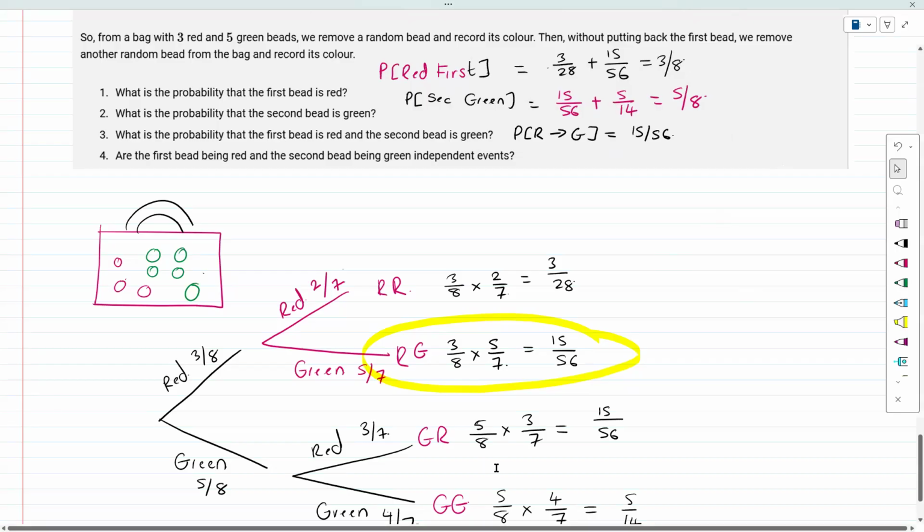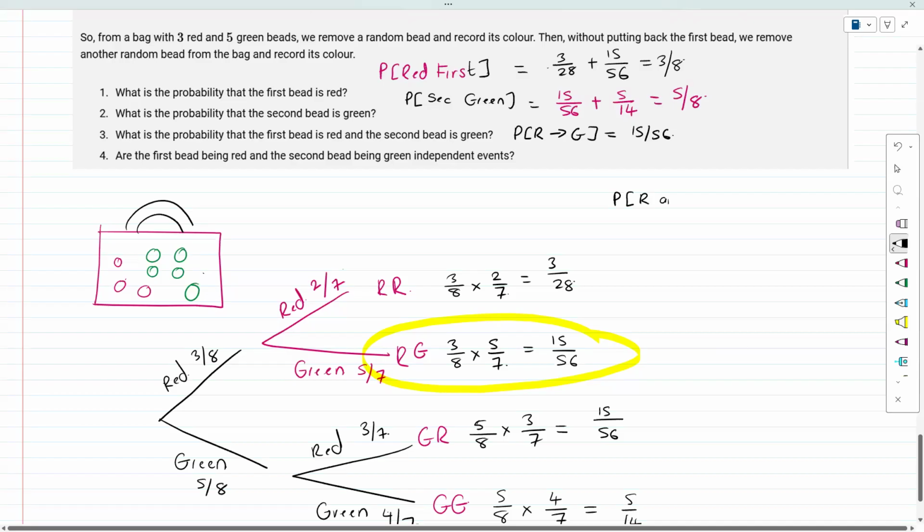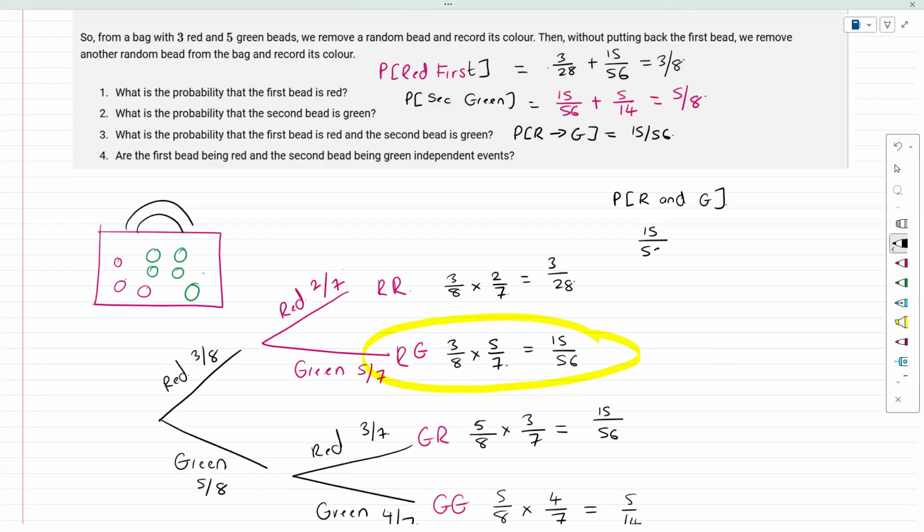And the last one: are the first bead being red and the second bead being green independent events? Okay, so this one is difficult, right? So the first bead is green. Oh, the first bead is red, and the second bead is green. And we know this answer is 15 over 56 because they gave it to us.